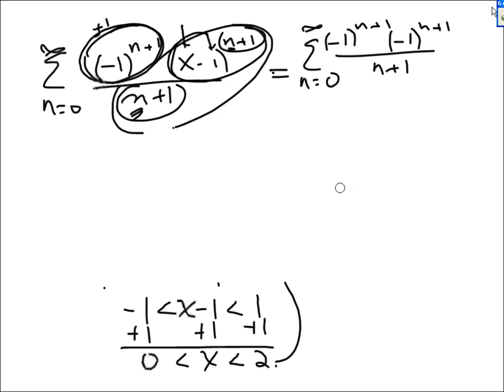I'm really looking at finishing up the very last line on the board. I want to know whether or not I should say equals here. Now, without thinking too much, you should know that the signs here are going to alternate.